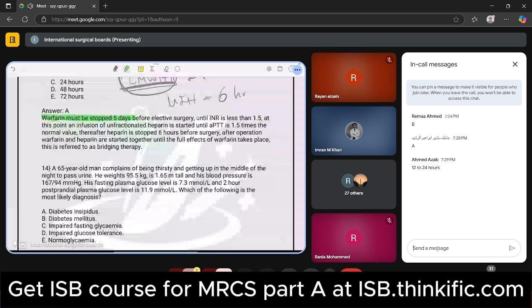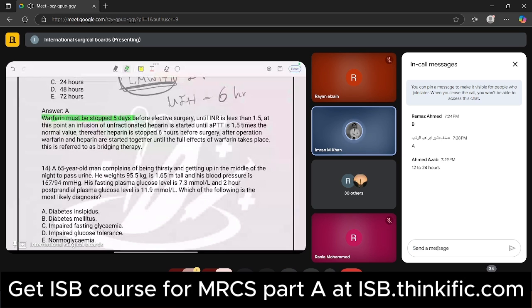A 65-year-old man complains of being thirsty and getting up in the middle of the night to pass urine. He weighs 95.5 kg and is 1.65 meters tall, and his blood pressure is 167 by 94 millimeters of mercury. His fasting plasma glucose level is 7.3 millimole per liter, and 2-hour postprandial plasma glucose level is 11.9 millimole per liter.